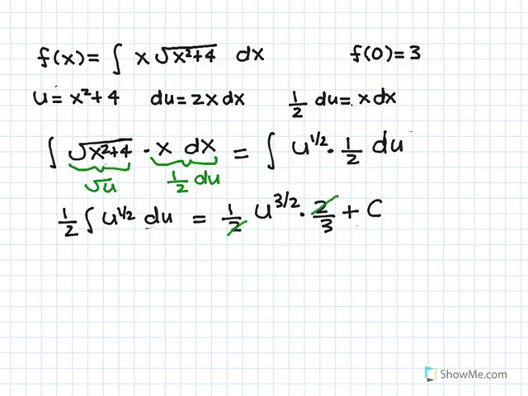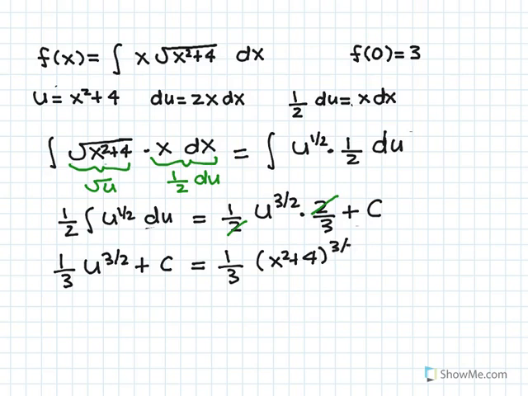The 2 cancels with the 2, and we get 1/3 u to the 3/2 plus c. u is equal to x squared plus 4, returning to our original variable, to the power of 3/2 plus c. So the function f of x, this is the function we're looking for, is 1/3 x squared plus 4 to the power of 3/2 plus c.